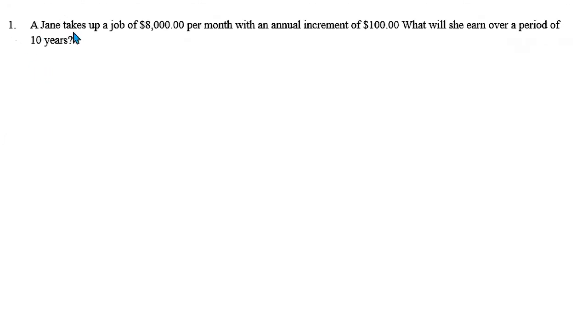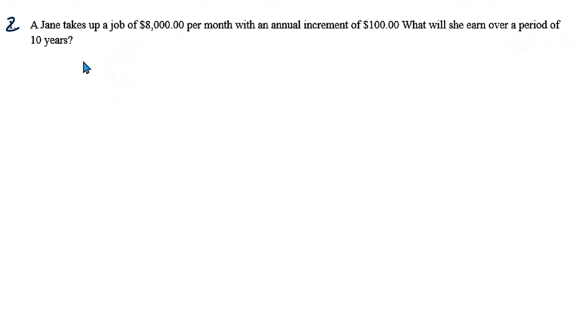Now, Jane takes up a salary. This will be question number 2. Jane takes up a job of $8,000 per month with an annual increment of $100. What will she earn over a period of 10 years? So we have a friend here, Jane, who took up a job for $8,000 per month.